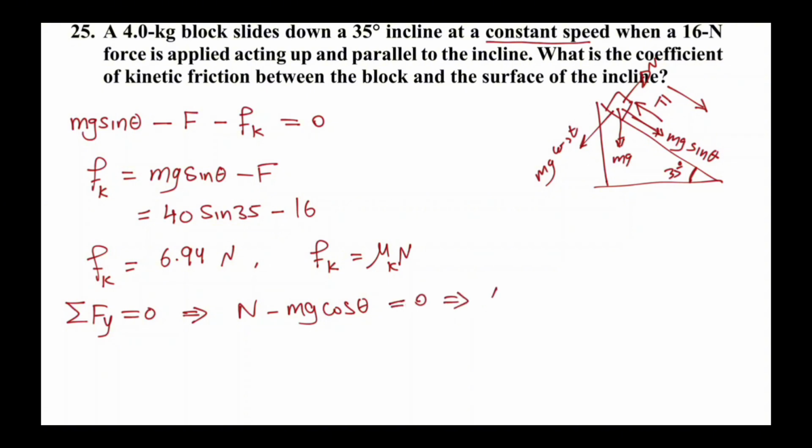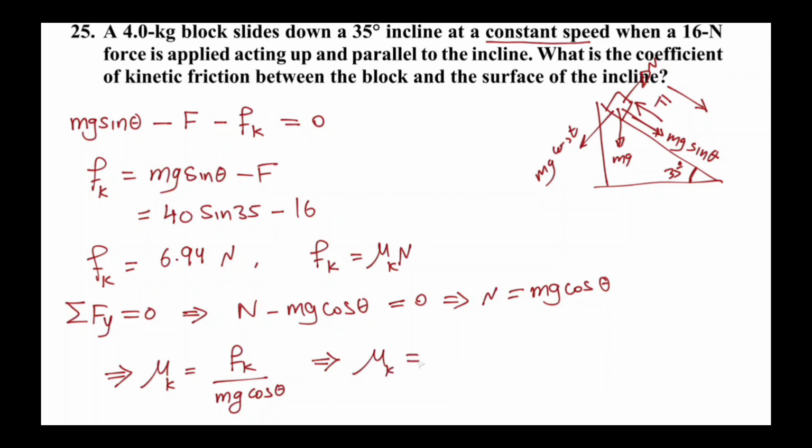So the normal for this one equals mg cosine theta. So mu k, the coefficient of kinetic friction, equals fk divided by mg cosine theta. You substitute numbers, you will get mu k equals 0.21, and remember it's dimensionless.